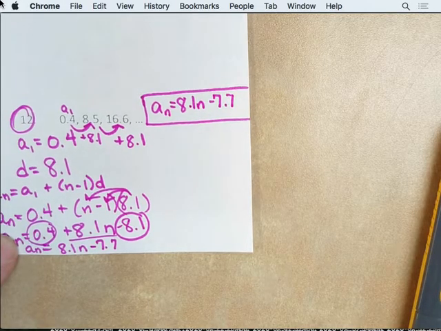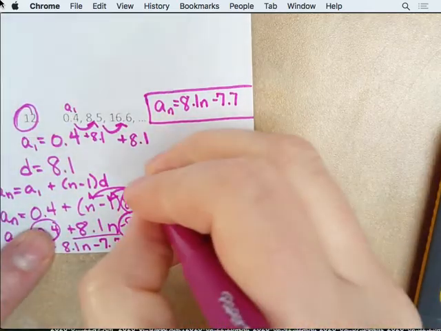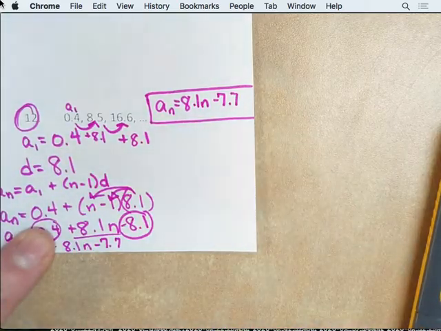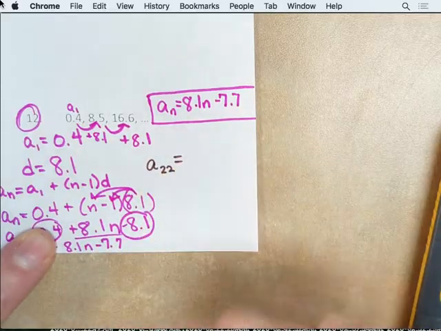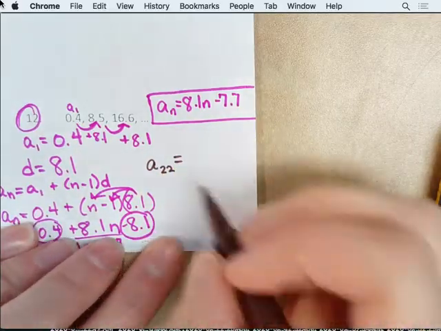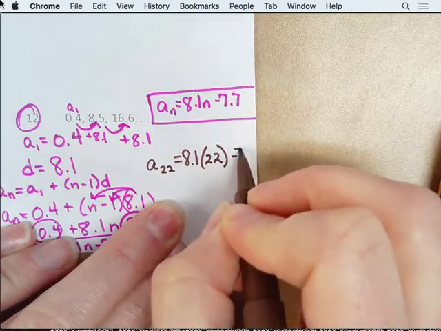So that's the formula, but it also says find the 22nd term for the sequence. So we're going to do A22. So we're going to plug in 22 for n. So that'd be 8.1 times 22 minus 7.7.